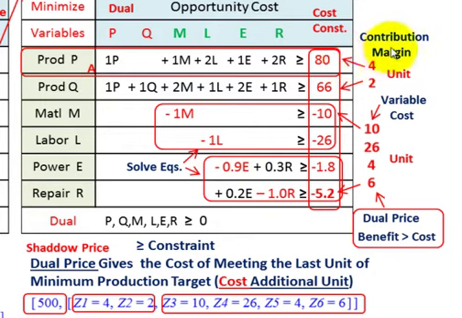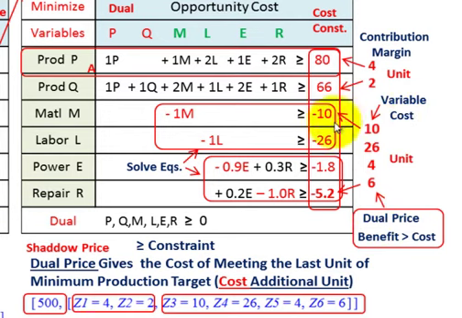For product P the contribution margin on a unit basis was 4, and for product Q it was 2. That's what the last unit is adding to the contribution margin, respectively, for P and Q. But for the other items, these are our dual prices or shadow prices.